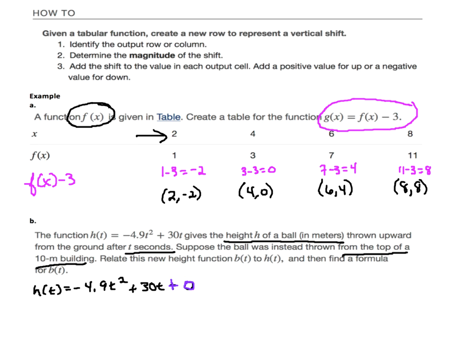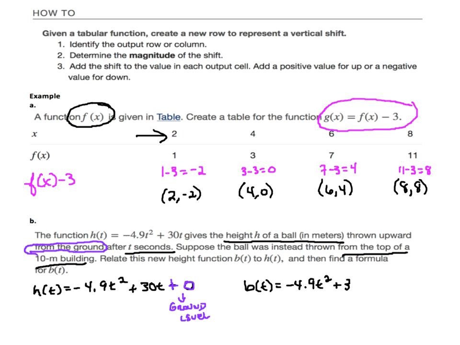Well, if this first formula is representing a ball thrown upward from the ground, that plus 0 is ground level. So, to transform this function into b(t), which says we're not starting at ground level.